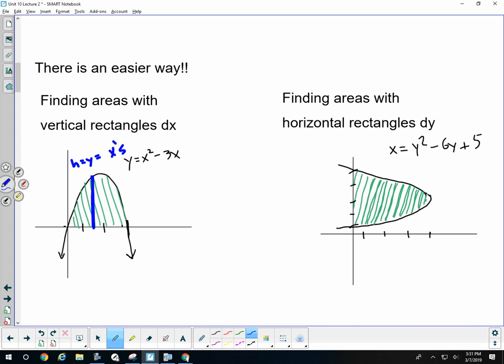So we plug in an x into that equation, like x squared minus 3x, and we get the y-coordinate. Does that make sense? And that's the height. The width is a very small change in x. In certain situations, not all situations, but in certain situations, like the two we just saw, instead of using vertical rectangles, we are going to use horizontal rectangles.